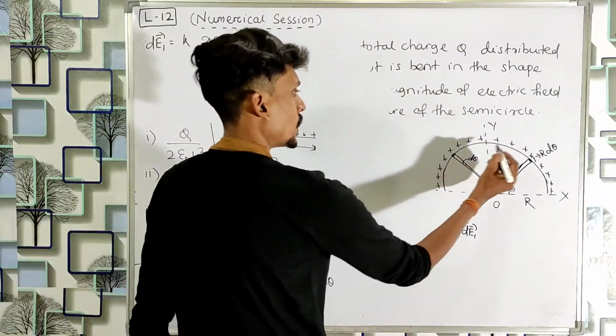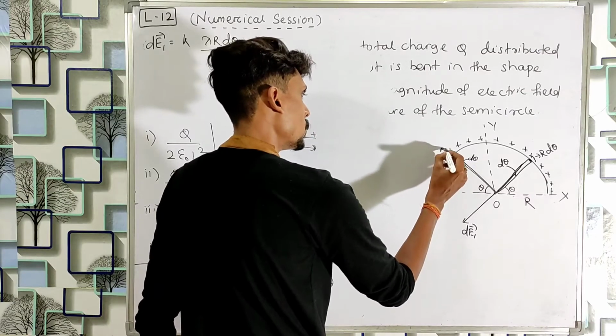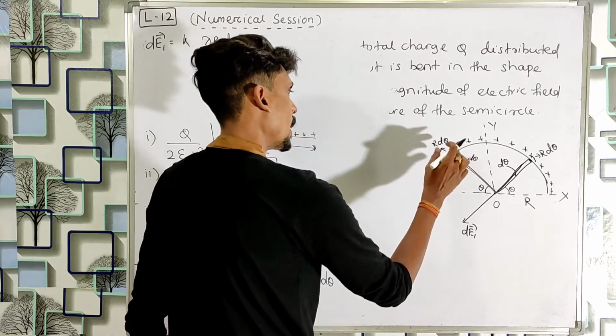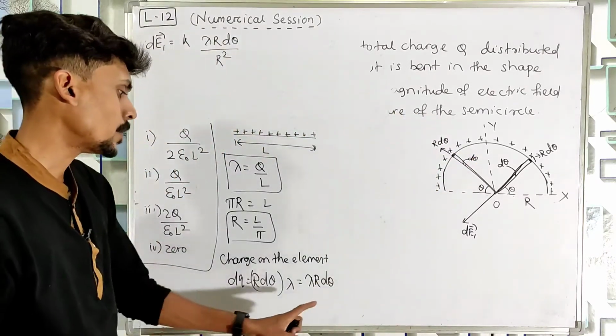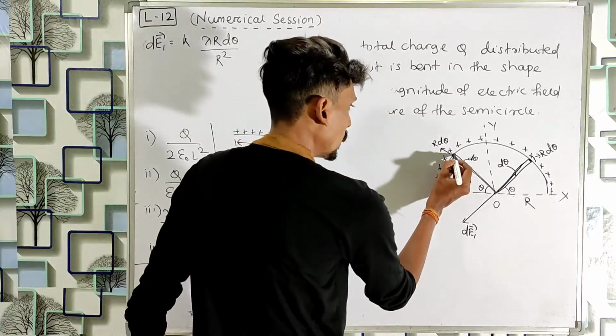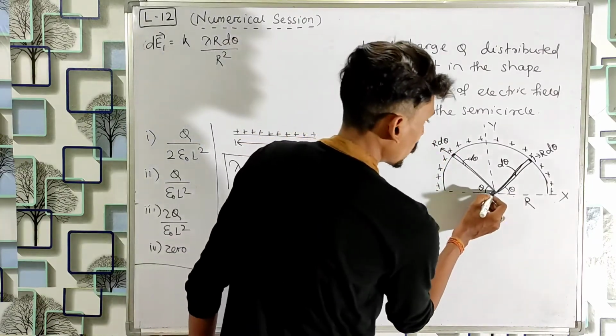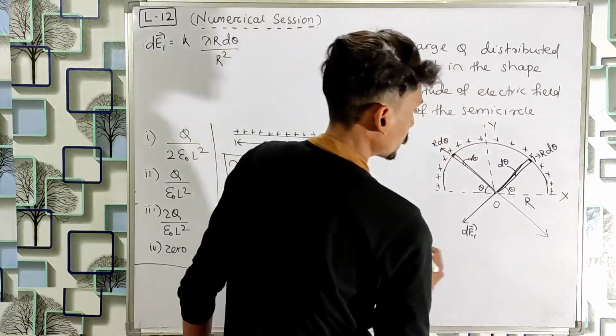Then the thickness of this element is also r d theta, and it will carry the charge lambda r d theta. And again, the electric field due to this point charge will be directed in this direction.